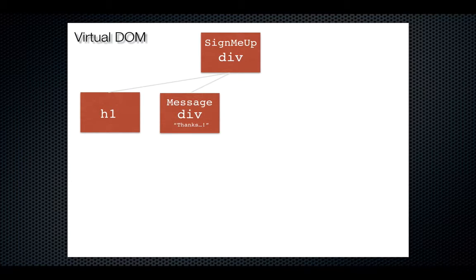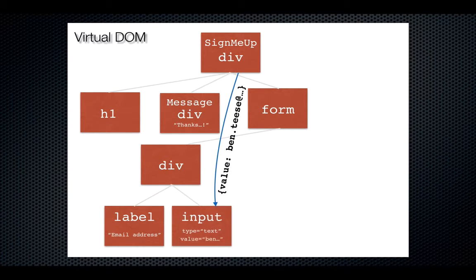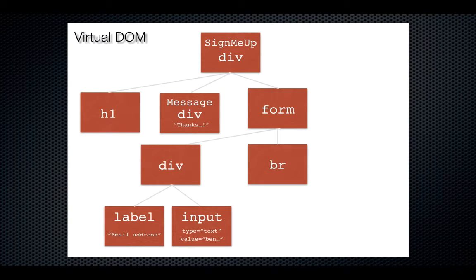It's going to display its message div, then its form, this div here, a label, an input that is passed the value property that is the email address so that it can render the email address inside the input. Then it's going to put in the last of the DOM components.